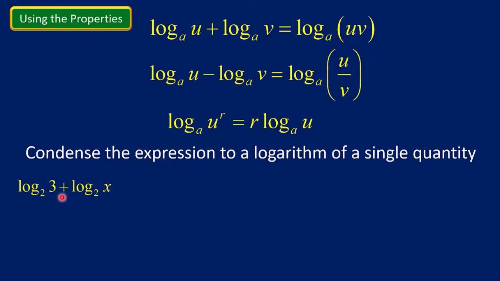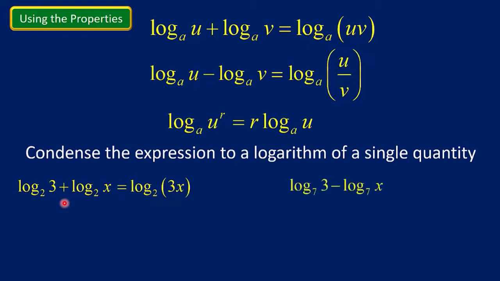So, notice that they're both base 2, which is what we have to have. We have to have the same base. And notice we have a sum of logs. Well, that draws our attention up to this property. We can rewrite this as a single log of a product. So in other words, I could rewrite this as log base 2 of 3x.